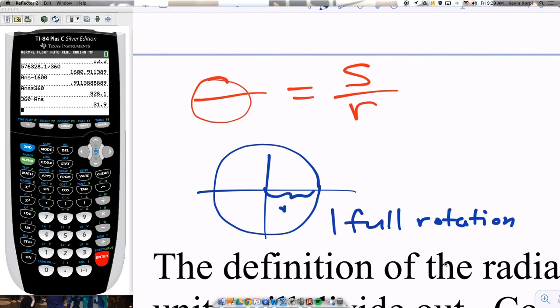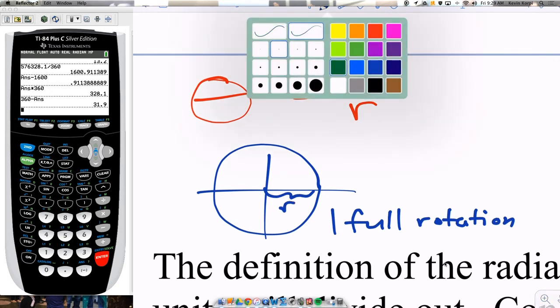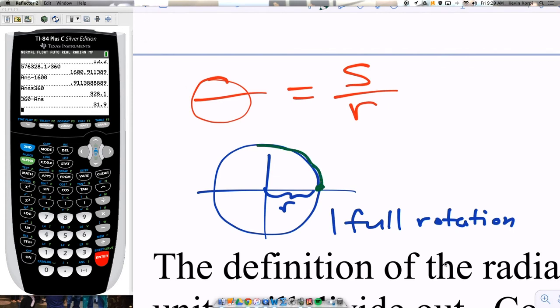I'm going to define this circle's radius to be R. If I go one full rotation all the way around, what would the arc length be? It would be the what of the circle? If I go all the way around once, we call the arc length the circumference, right?